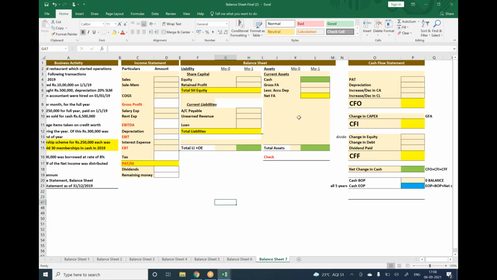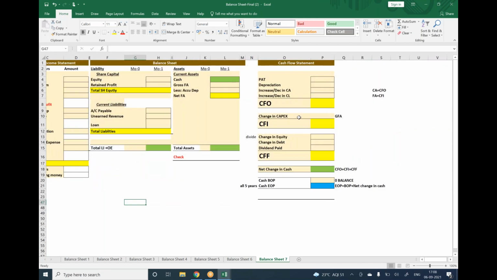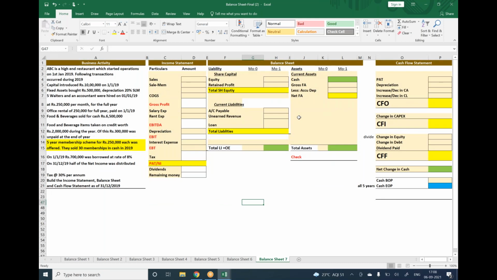How many of you got proper matching for problem number 7? Type 7. Oh my God, nobody got the 7th one correct?